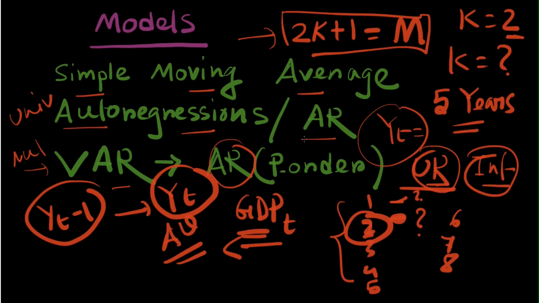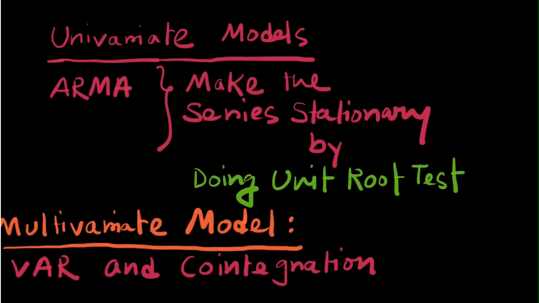Autoregressive, on the other hand, is mostly a univariate model where we see one dependent variable and one independent variable and how their past values are affecting that particular case. So in the univariate case we usually use the simple autoregressive model. In a multivariate case we use the VAR model. Now, as I said, for the univariate model, here it says the ARMA model, autoregressive moving average model.